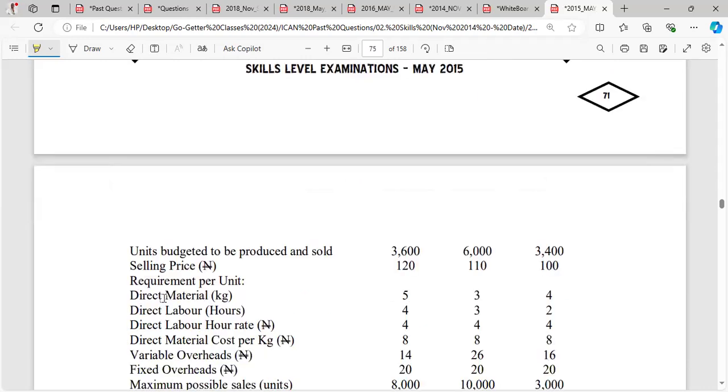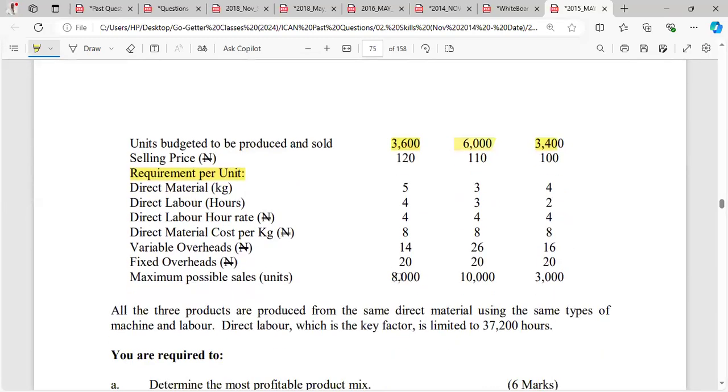Look at their selling prices. Now, these are requirements per unit. So everything here, apart from the quantity to be sold, is per unit. Then fixed overheads, which is not per unit. So everything I didn't highlight is per unit.